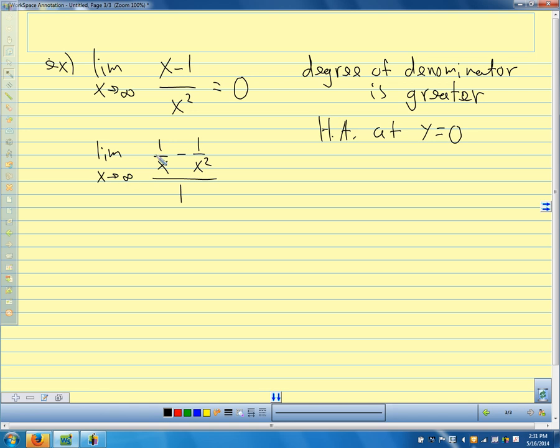And the limit as x approaches infinity of 1 over x is 0, 1 over x squared is 0, 0 over 1 equals 0. We call a function like this, a rational function where the highest degree is in the denominator, bottom heavy.